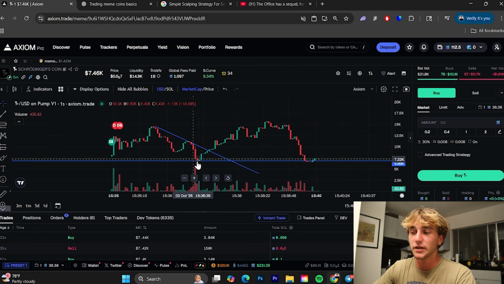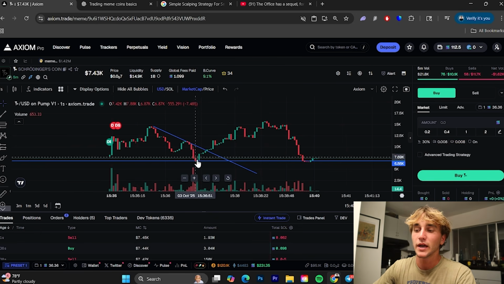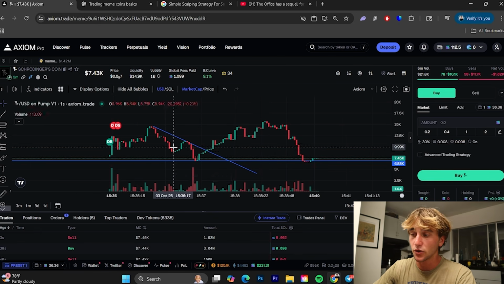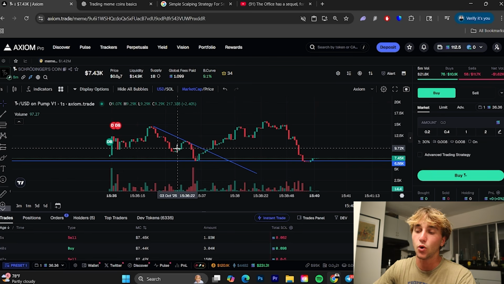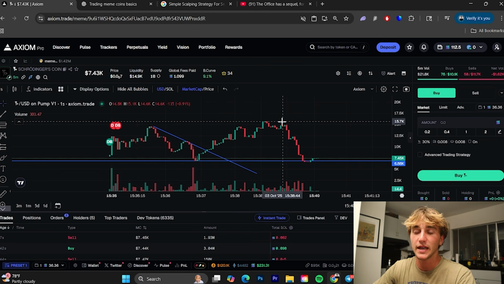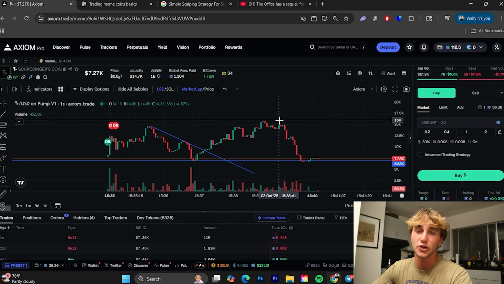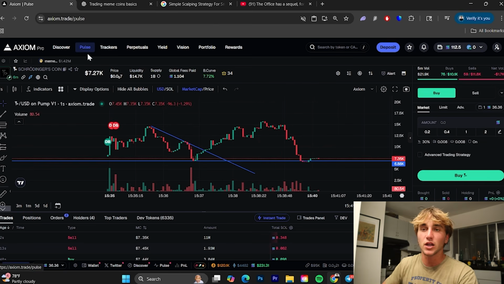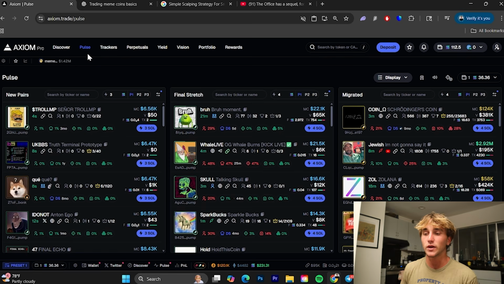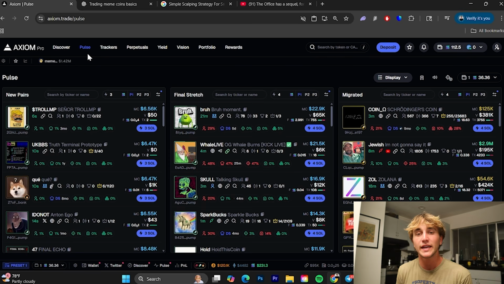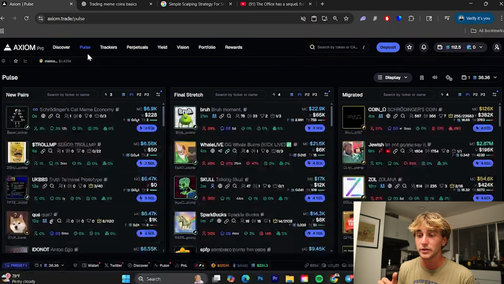So for this example, if you do enter at the critical level of 7,000 or even 10,000 and you're able to hold it, well, then you would have been able to get either a 2x or at least 60% gain on your portfolio. Now, the cool thing a lot of YouTubers don't actually tell you is when you trade with a smaller portfolio, it's much easier to actually get these big percentage gains.